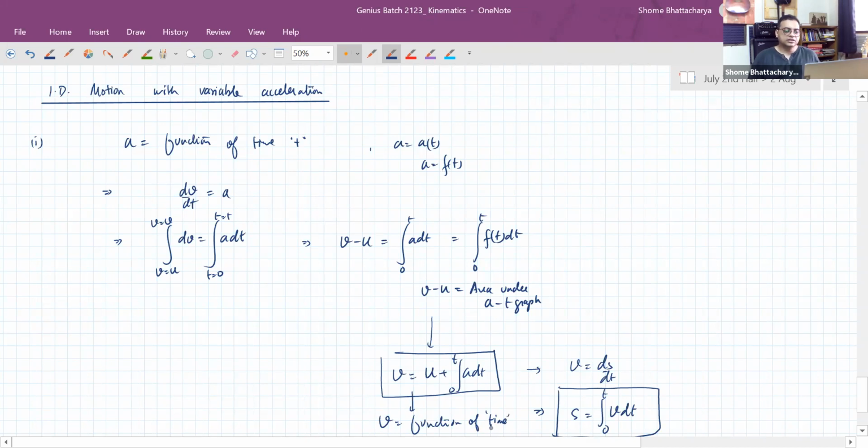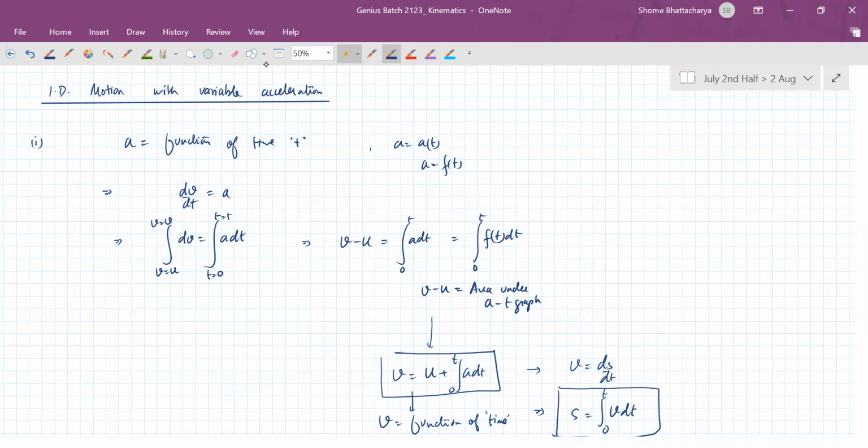It is the instantaneous time t. So this equation will give us velocity also as a function of time. Then we can integrate that to get displacement as a function of time. Just note down this method, then we will discuss a couple of questions based on this. This actually becomes a pure calculus thing now. It's no longer standard equations of kinematics. It's just a direct application of calculus and integration in particular.